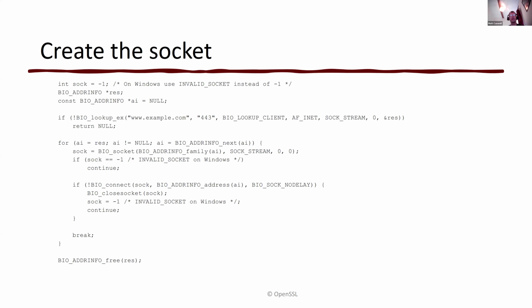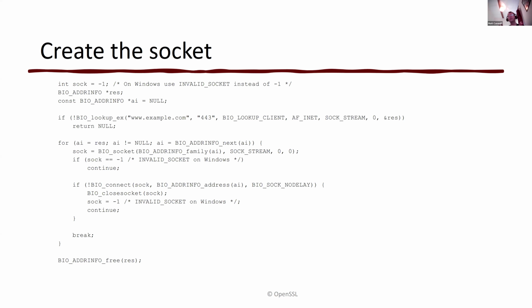We pass in the socket and check again if that's been successful or not. If any of those things fail, then we go around the loop and try the next IP address until eventually, hopefully, we find an IP address that's working. We've created our socket. We've connected it to the server, and we can go on to the next step.